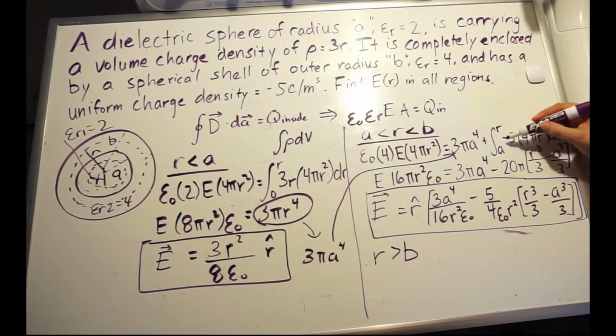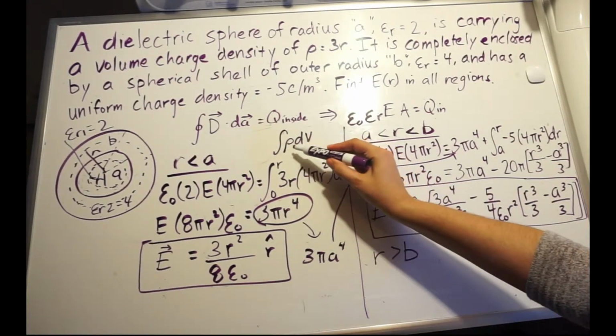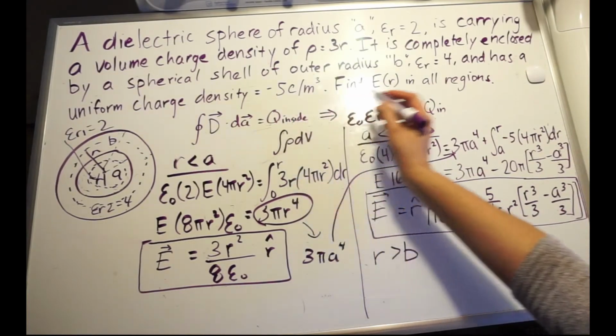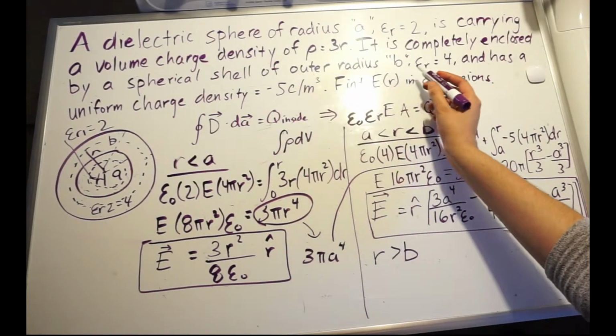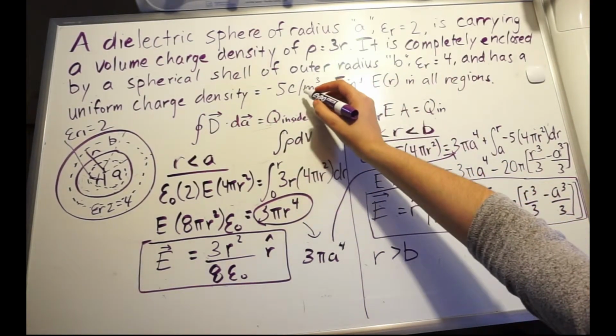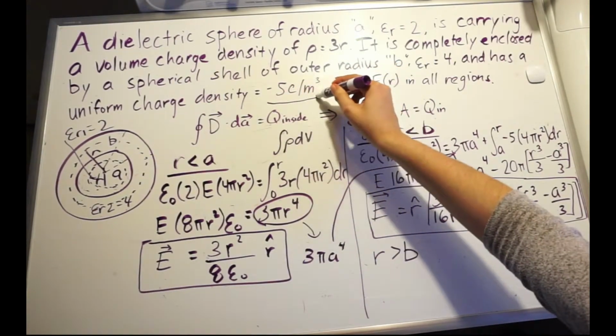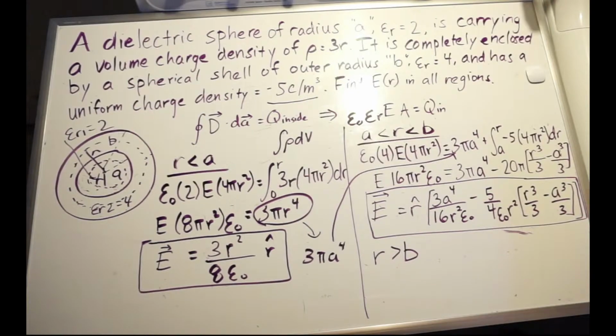Well, that's given by this integral, which is, again, looking over here, just rho dV. So the charge density is stated that between the sphere enclosed by B is -5 coulombs per meter cubed.